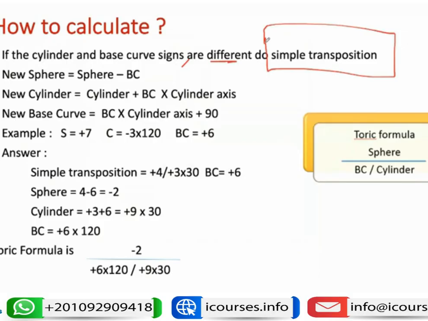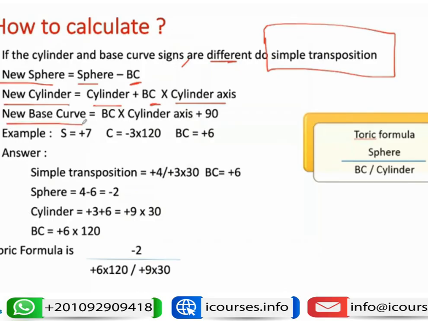You find that the base curve and the cylinder signs are different, and you forget to do the simple transposition. So again, if they are different, do a simple transposition, and then the new sphere will be the sphere minus the base curve, and the new cylinder will be the cylinder plus the base curve in the axis of the cylinder.